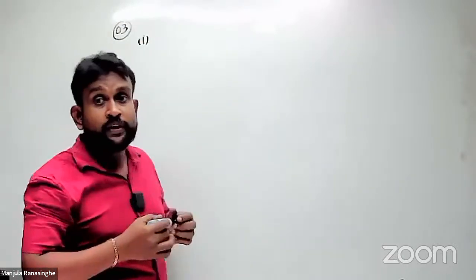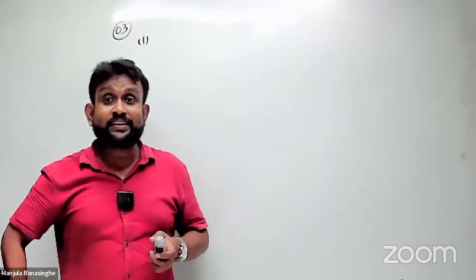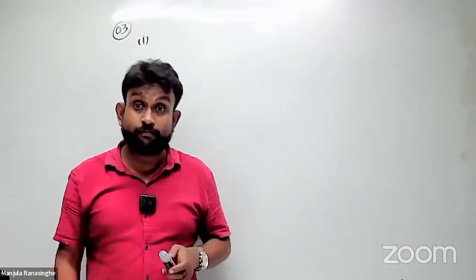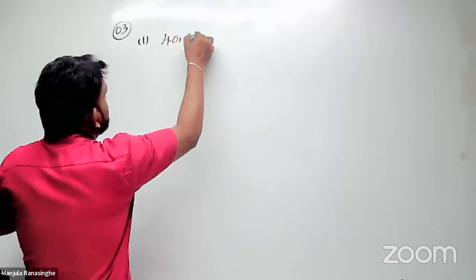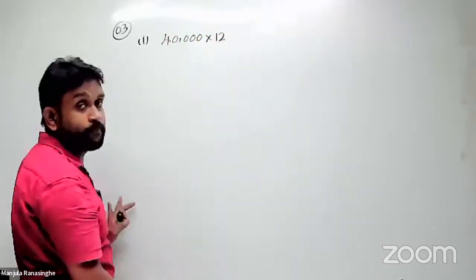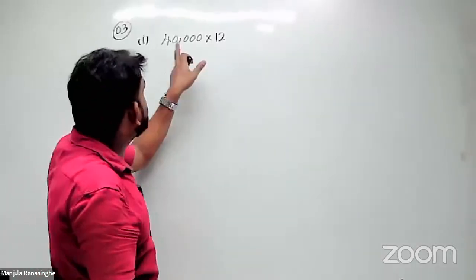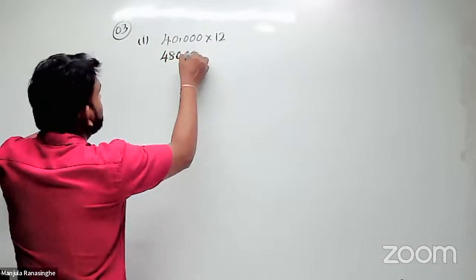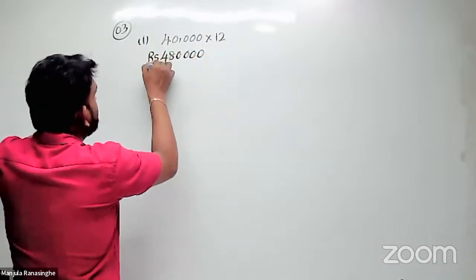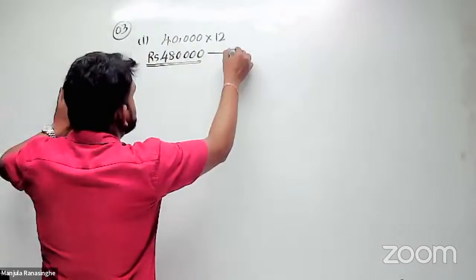Part 1: find the basic capital of Samarthunga and company. They issued 40,000 shares at 12 rupees each. Then 12 into 40,000, 12 into 4, 48, 480,000 rupees. That is the capital they are gaining.